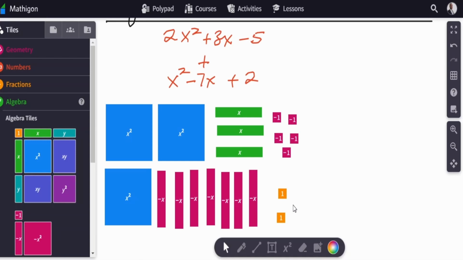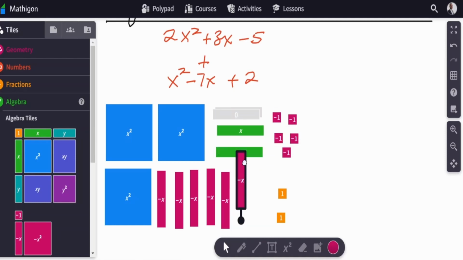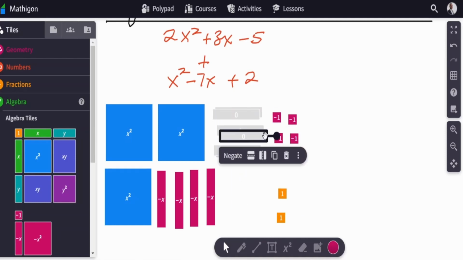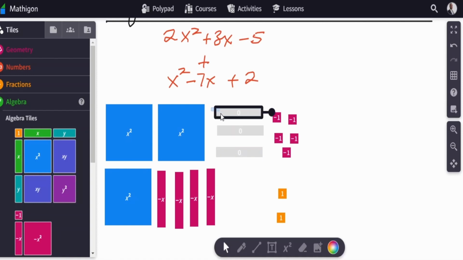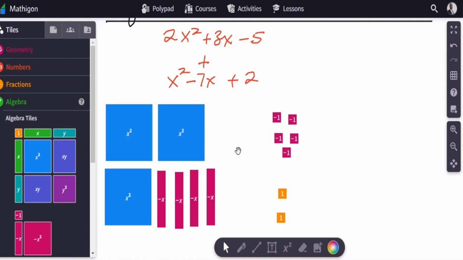So we're going to combine tiles. Remember, different colors will cancel out. So this gives us 3x squared. Then 3 negative tiles will cancel out the 3 positive ones. And all these 3, because they amount to 0, they go away.